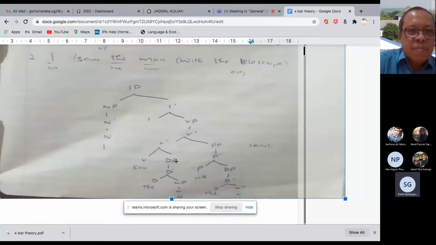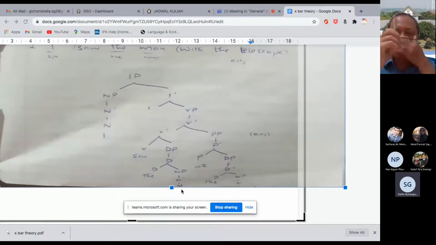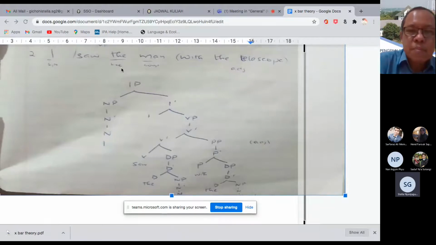We have a DP which branches to a D bar, and this D bar branches to the. Now man is a noun phrase which has to branch to the N bar, which branches to the N, which is man. There should be the word man there. Now we are done with this first part, the complement part.